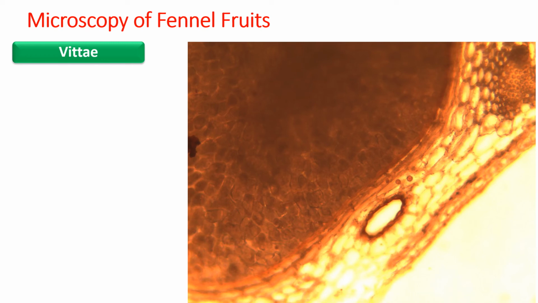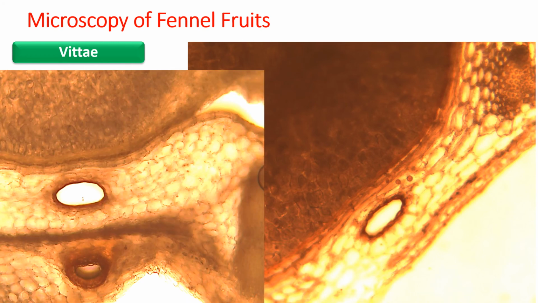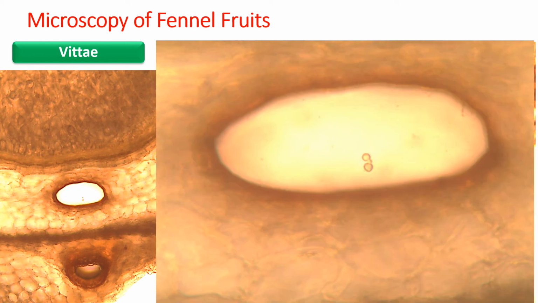This gives the fragrance to the fennel. The Vittae can be stained with Sudan red 3, and the periphery takes up the reddish tint. Now these are three different photographs of Vittae. You can even see the presence of oil globules inside the Vittae upon magnification.